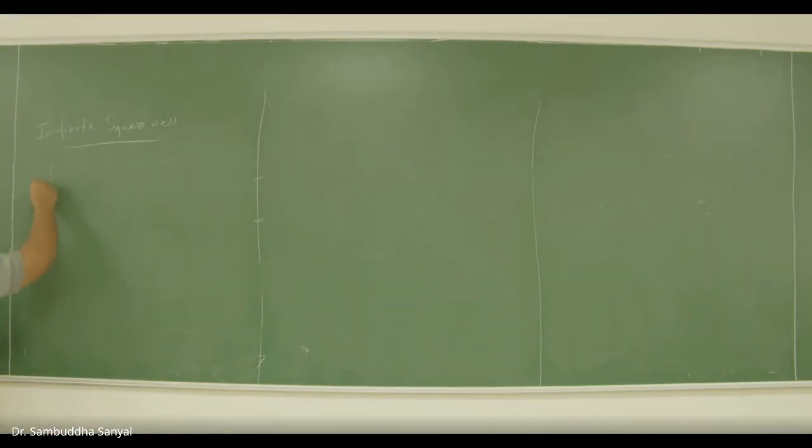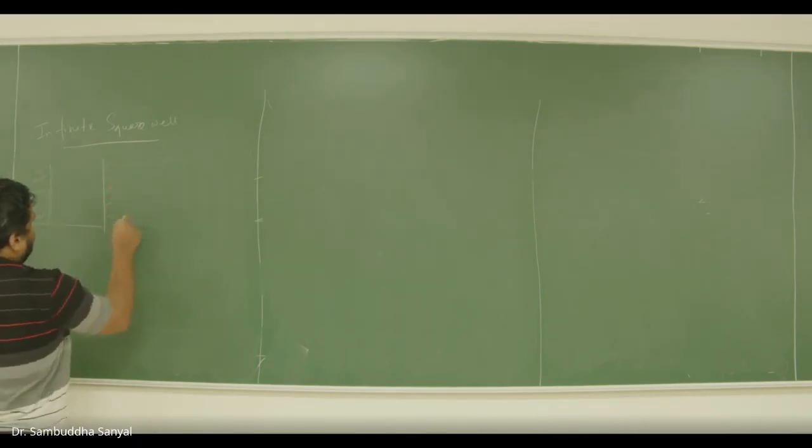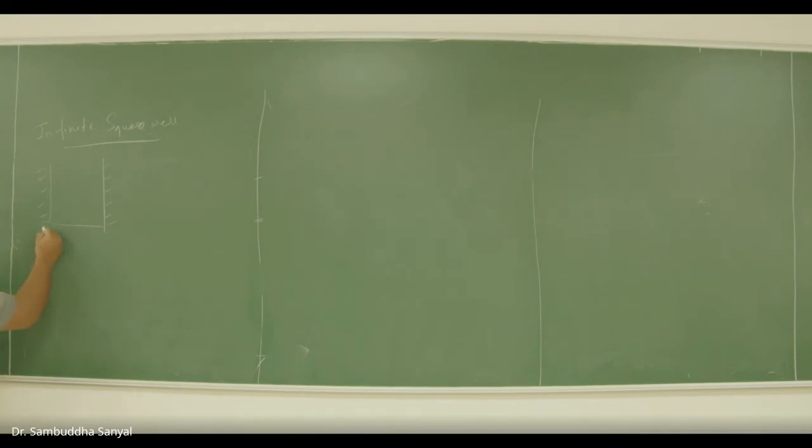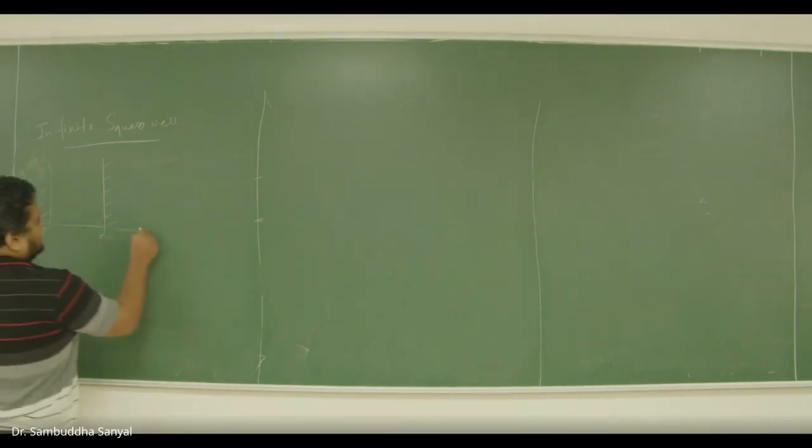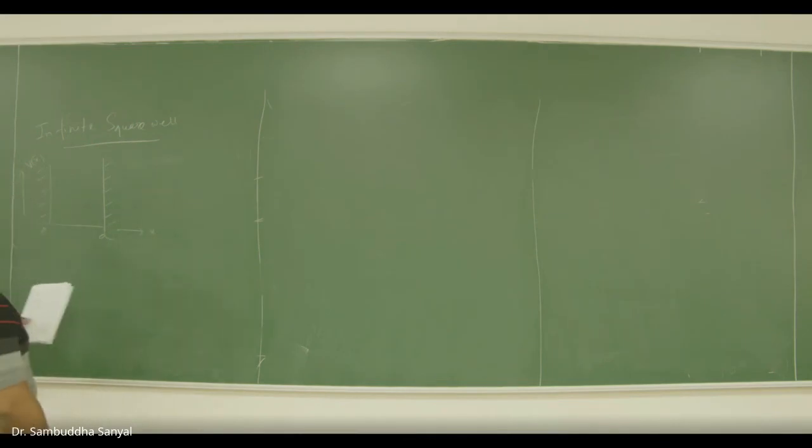The problem was you have an infinite wall at 0 and a. You can think of it as a and b, where the b is now drawn as 0 and a as a. So this is your V(x), this is your x.